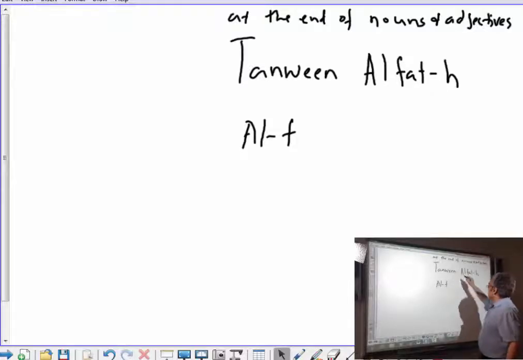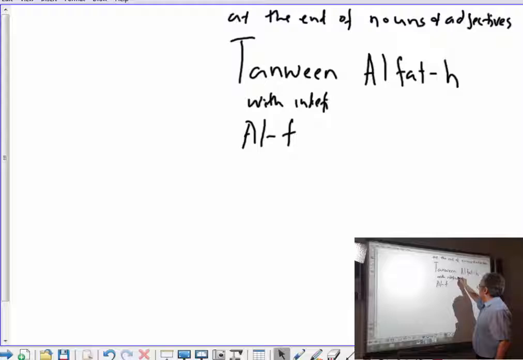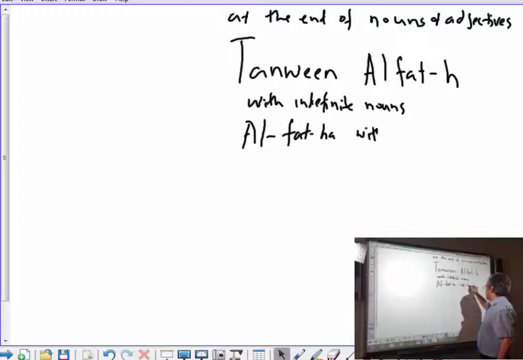So we have got tanween al-fatah with indefinite nouns, while here just al-fatha, the end of al-fatha, with definite nouns.